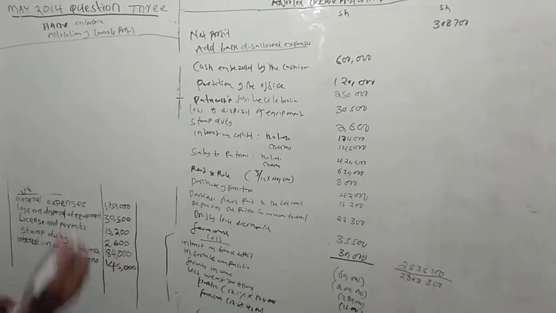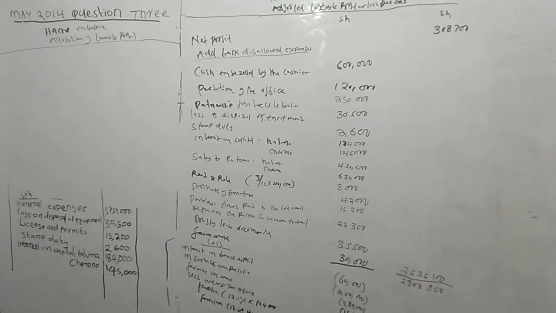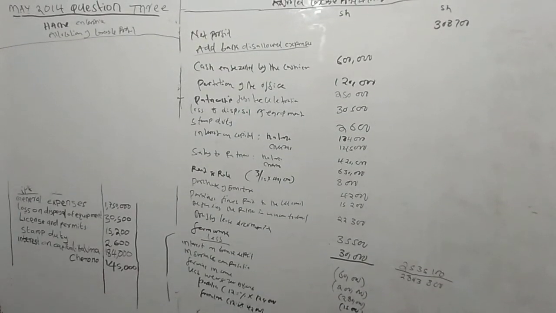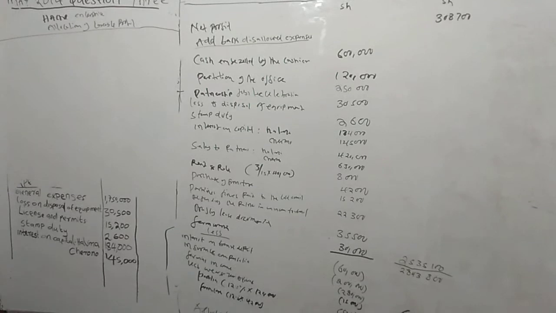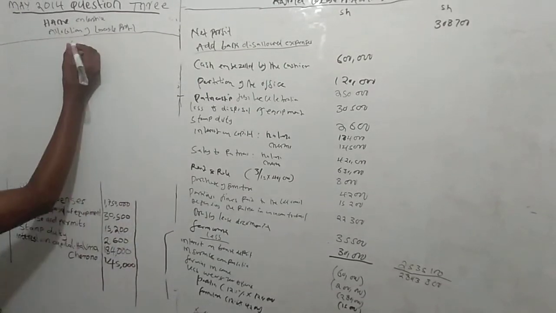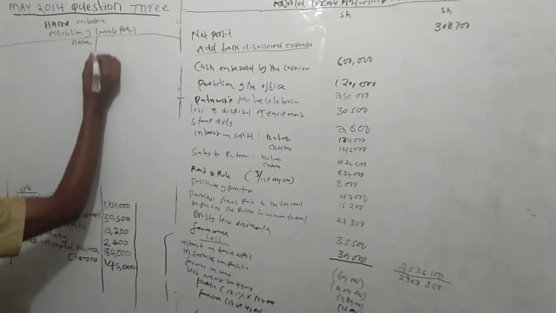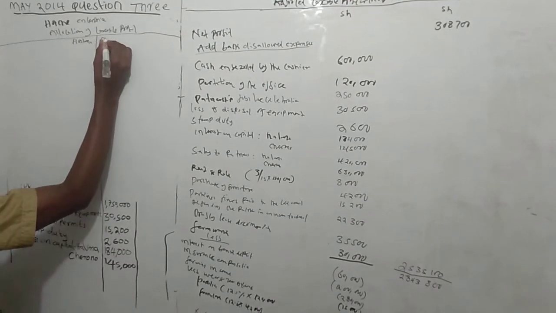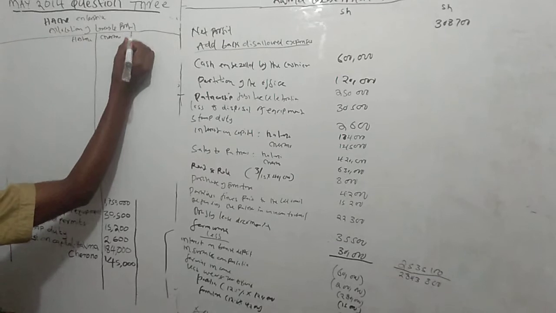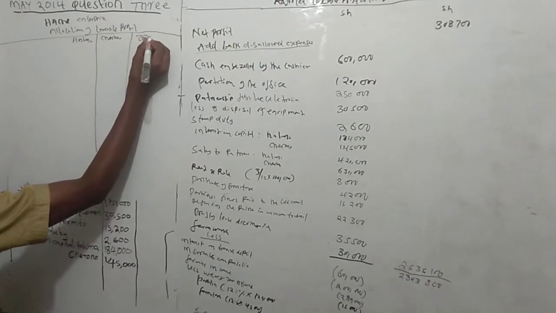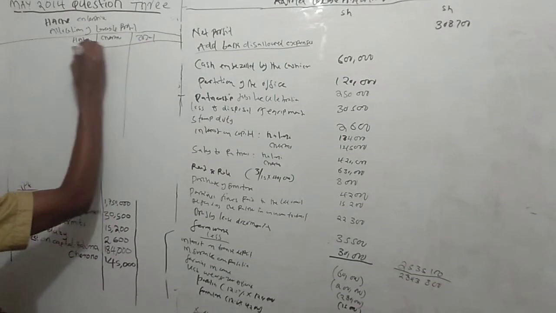So we are going to allocate that profit. Remember, we have two partners. We have Sherono, we have Halima. So let's start with Halima here. Let's have Sherono. And also let's have here the total.